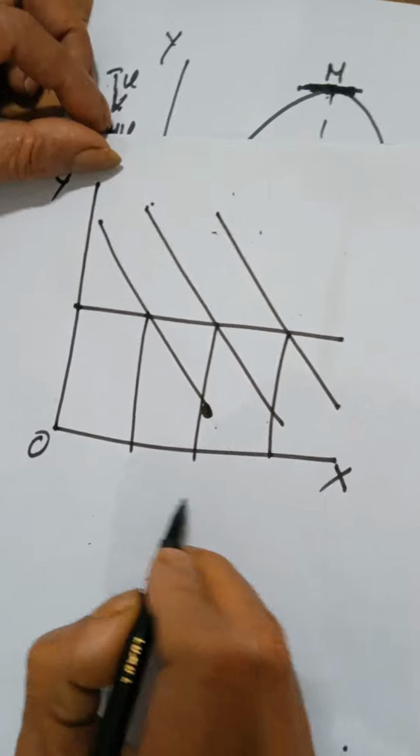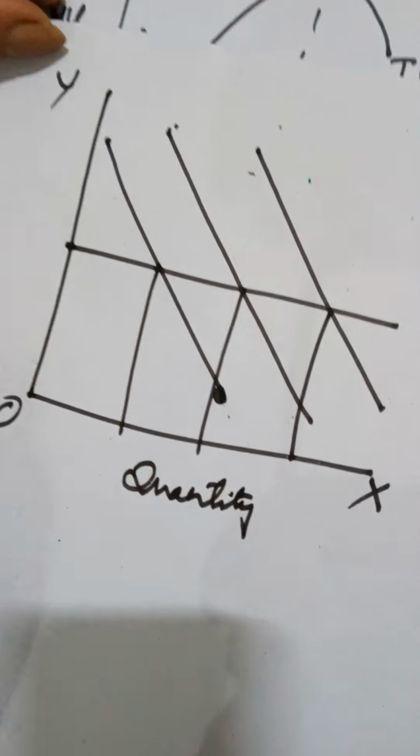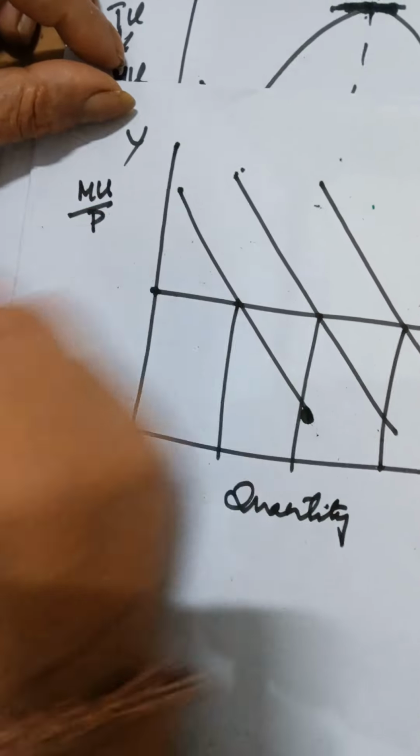Again, on the x-axis, quantity is measured, and on the y-axis, marginal utility by price is measured.